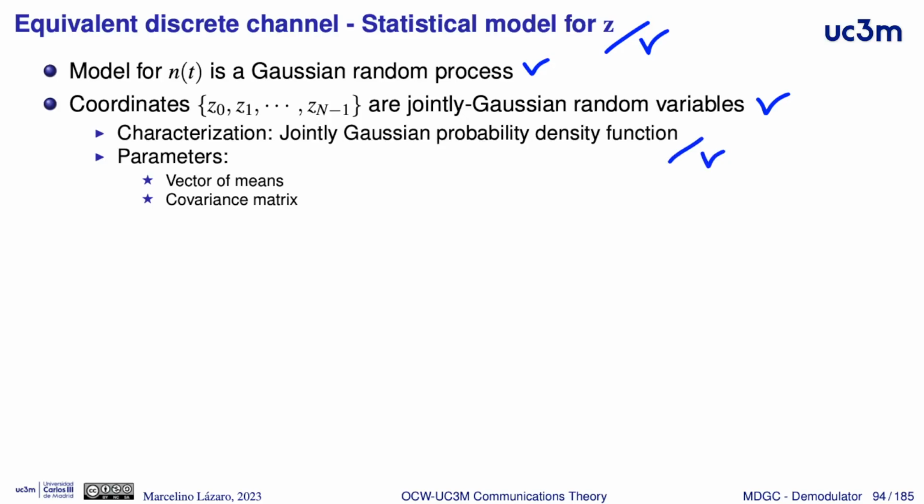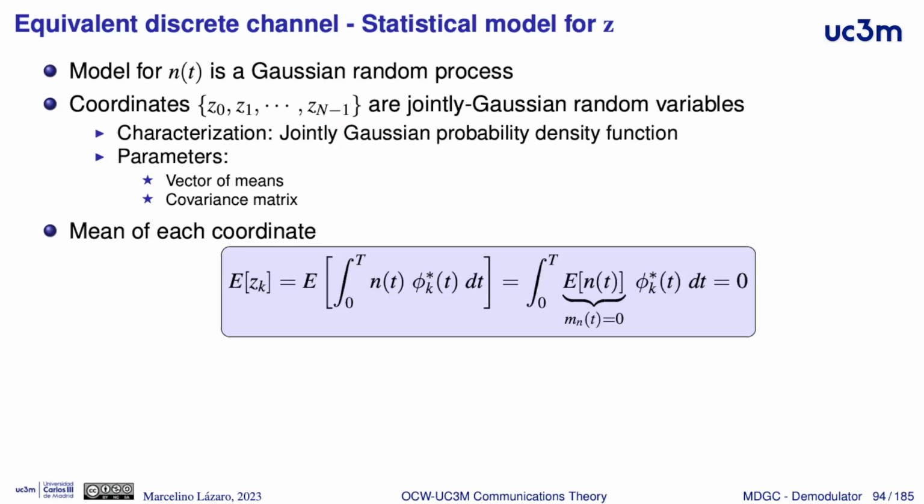And the parameters of a multidimensional Gaussian PDF are the vector of means with the mean of every coordinate and the covariance matrix containing the covariance of each pair of these coordinates.